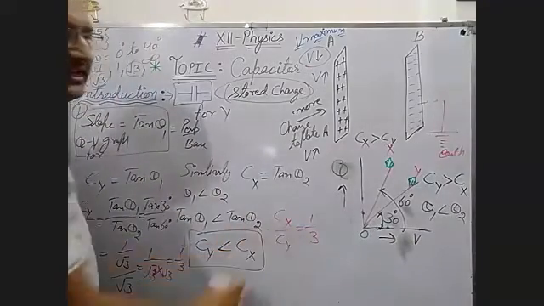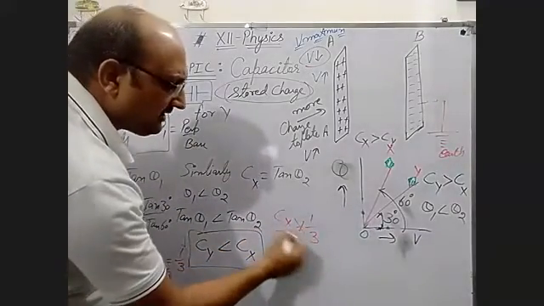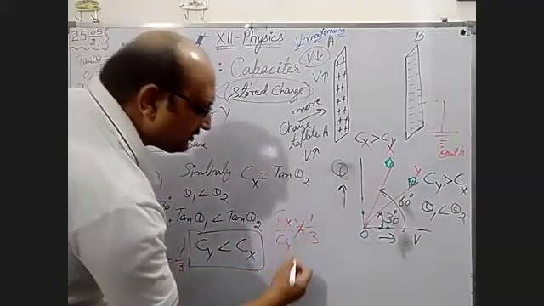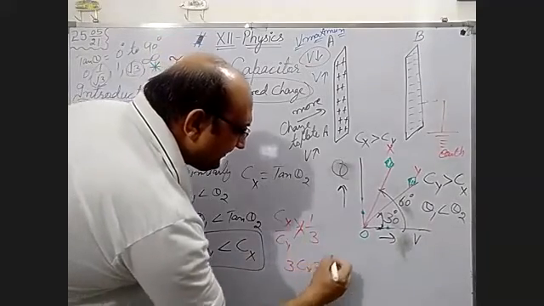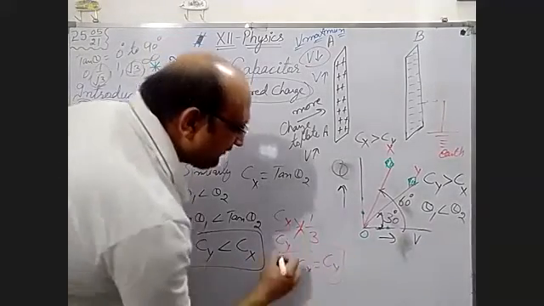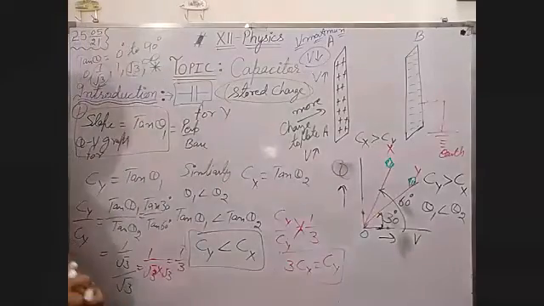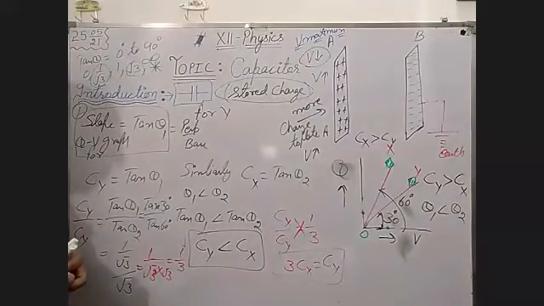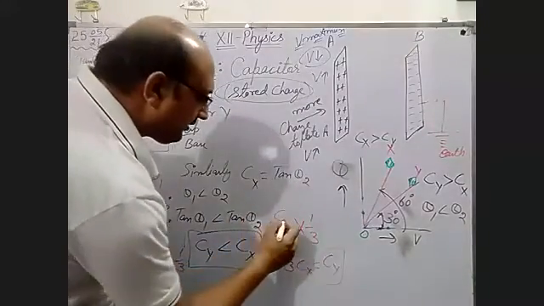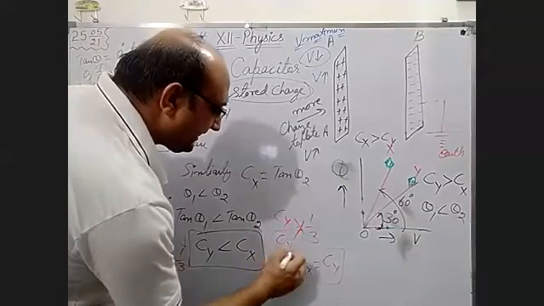Now this is the ratio. Which one is greater? Cross multiply. After cross multiplying, you can see 3 times of Cy will give you the value of Cx. Cy and Cx.